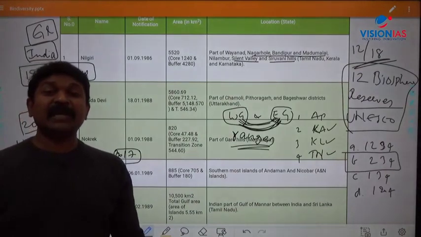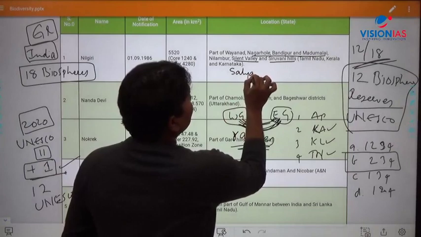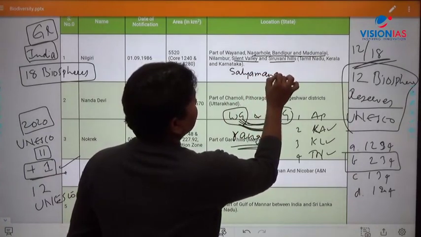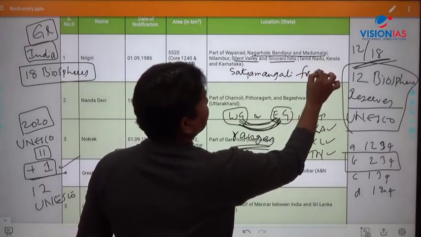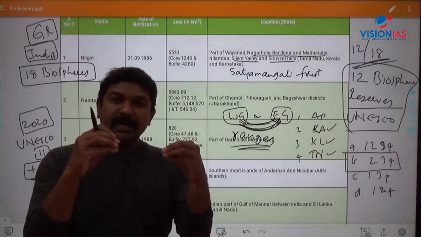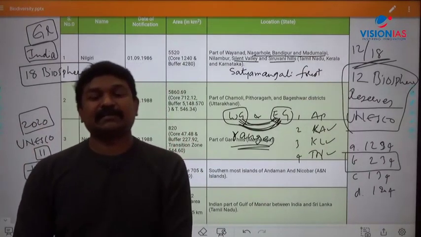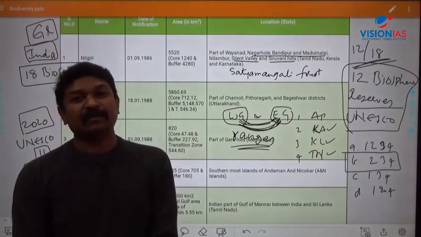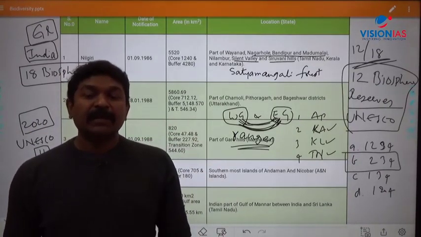Even an area like Sathyamangalam forest. Could you understand the micro level of asking the question?